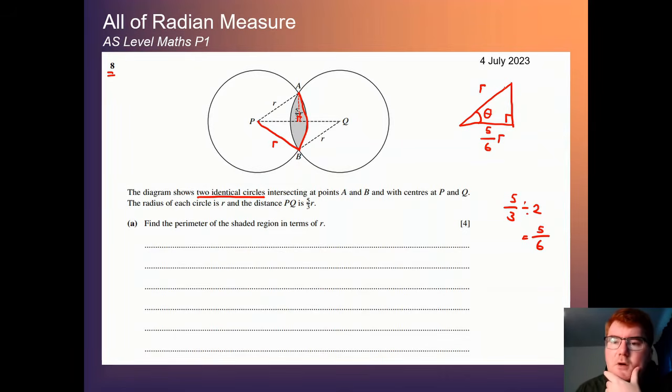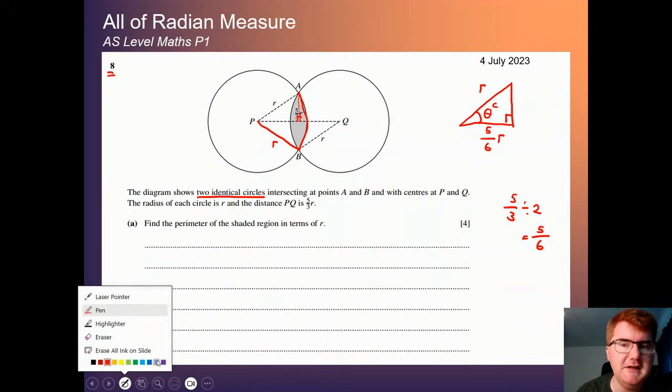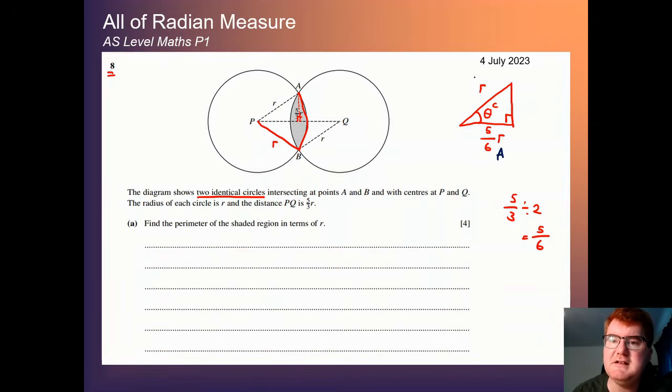Now, I am going to work in radians here. It's going to make my life a bit easier later in the question. At this point, we're going to use some standard SOHCAHTOA, as we like to call it. We have the adjacent side and the hypotenuse, which is why IGCSE is so important, so we're going to be using cosine.